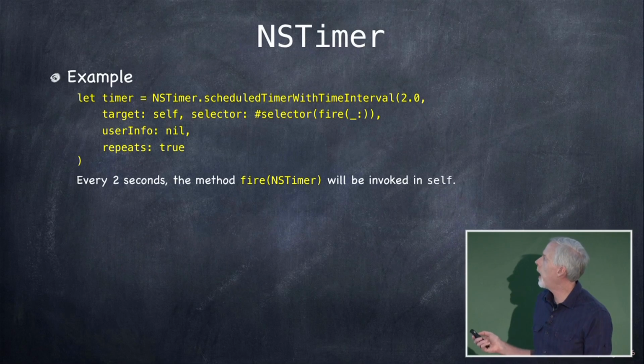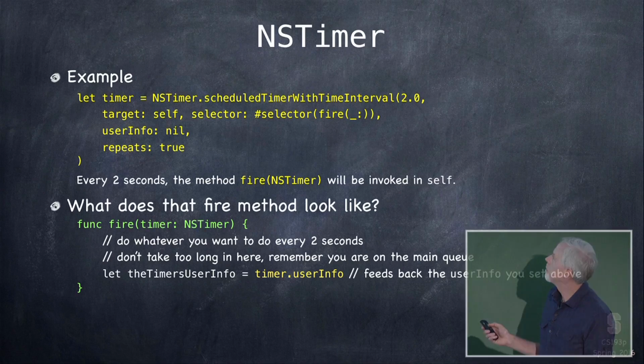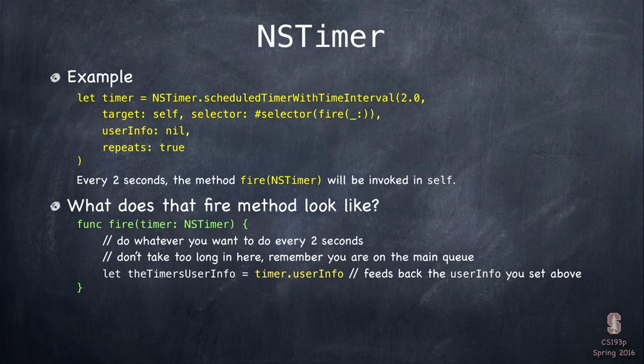And so let's go ahead and look at fire with this argument and its timer in there. Here it is. You remember from the selector syntax up here, this pound sign selector fire. See this little underbar colon there means it has an argument, and that argument for an NSTimer is always the timer itself.